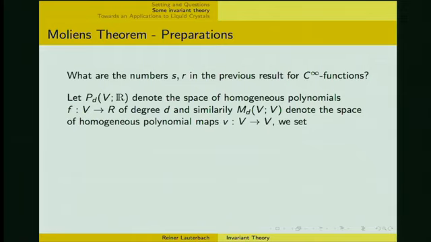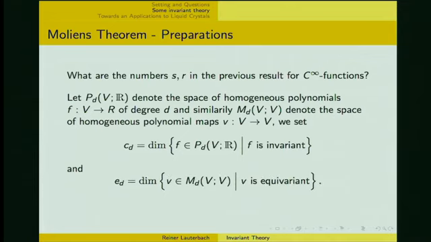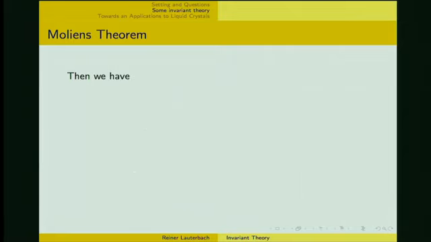I mean, this d is always the degree of these polynomials. And with this, we set c_d the dimension of P_d, and e_d the dimension of the equivariant vector fields, homogeneous and of degree d. And what we ask for is a formula for these dimensions.